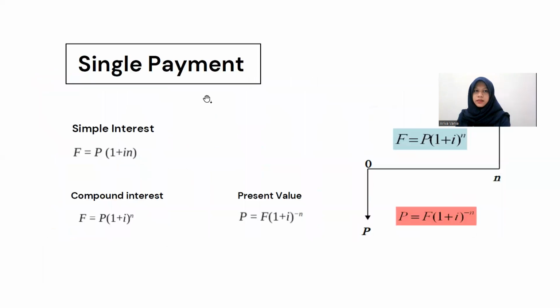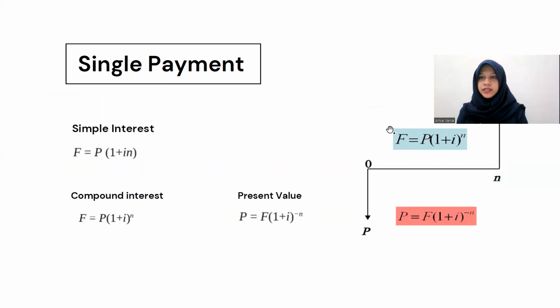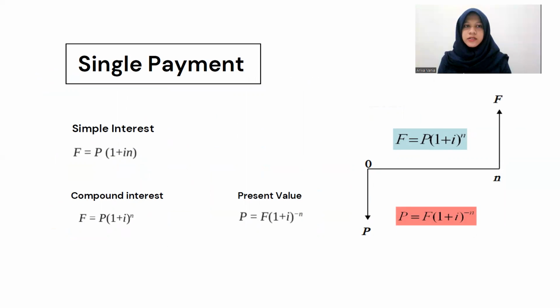Okay. Next, there are some kinds of payments in a cash flow diagram. First is a single payment, which has only one payment in the cash flow diagram. In this case, we have to find the future worth. The formulations of single payment are represented in this slide, where simple interest has these formulations, and compound interest has this formulation.